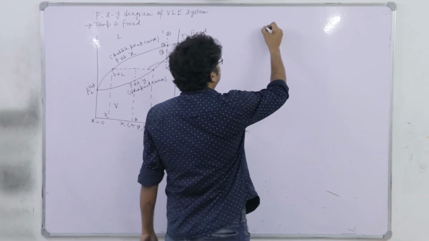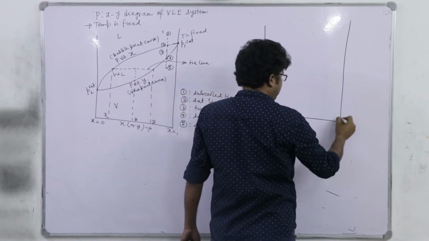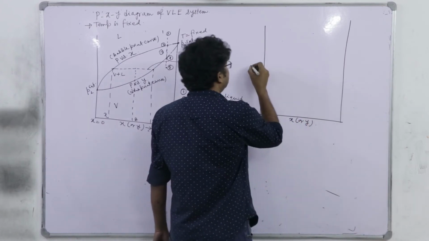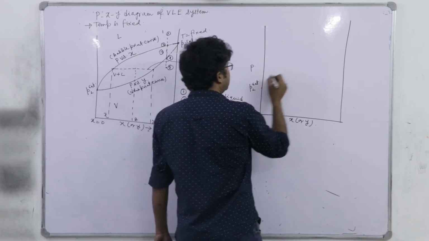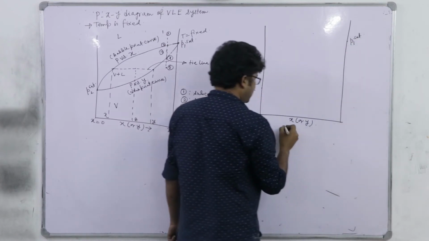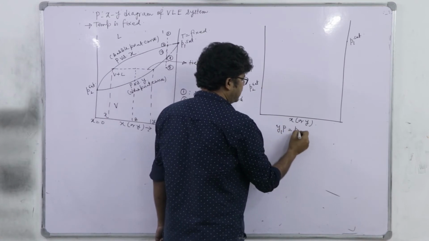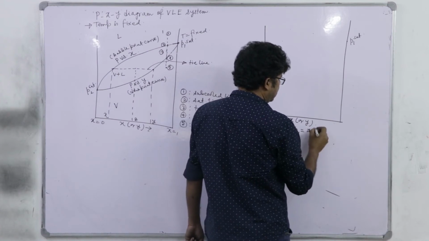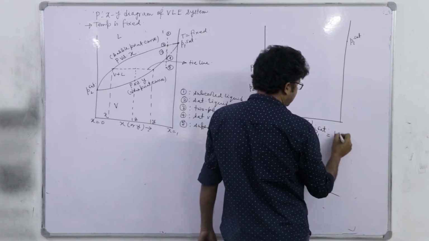So you see that if I think of constructing this, Raoult's law, then we know for a binary system that y1 into p, which is equal to p1, is equal to x1 into gamma 1, x1 into p1 sat, which is p1r.